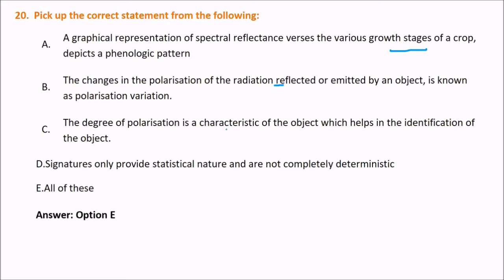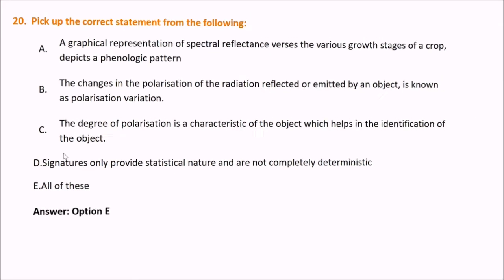The degree of polarization is a characteristic of an object which helps in its identification, and signals or signatures only provide statistical nature and are not completely deterministic. So the answer would be all of this.